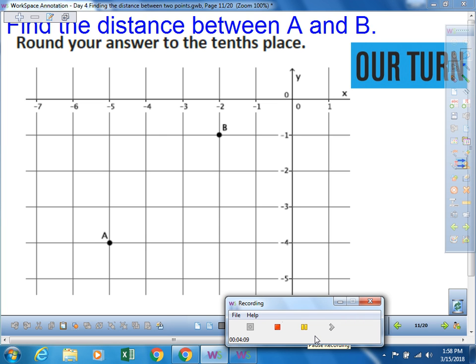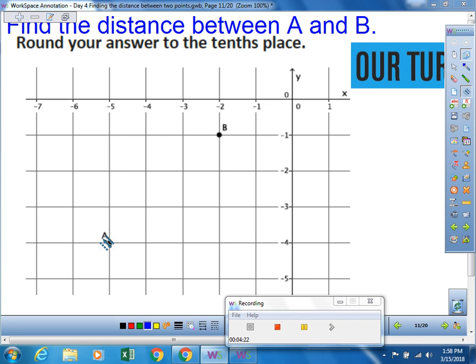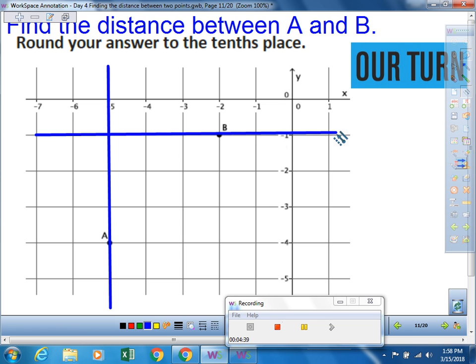Here are 2 points. You have this one on your notes. I want you to take A, and I want you to draw a vertical line through A. Just draw a straight vertical line through that whole graph. Then I want you to take point B and draw a horizontal line through that one.